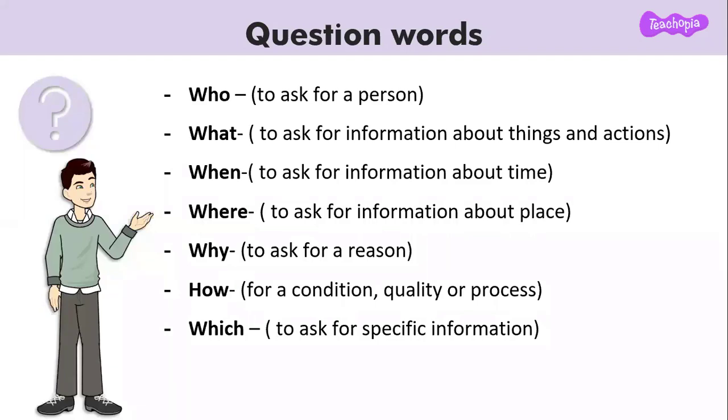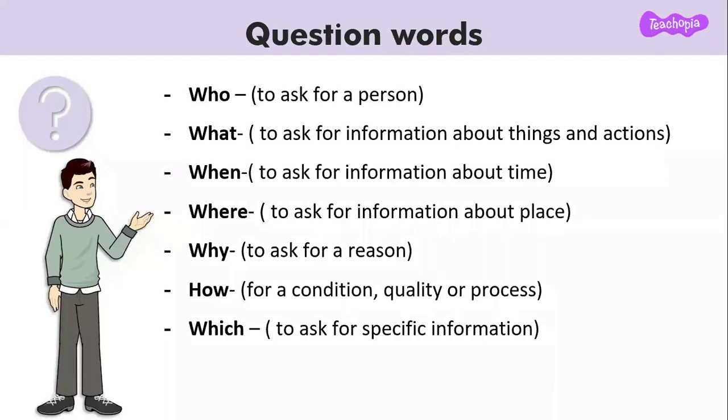So if we use the word who, we are using it to ask for a person. When we use the word what, we are using it to ask for information about things or actions. And when we use the question starter when, we are using it to ask for information specifically about time.